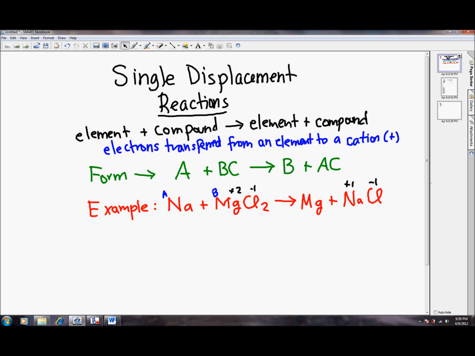Now, one important note for single displacement reactions. These are conditional. Well, what does that mean?